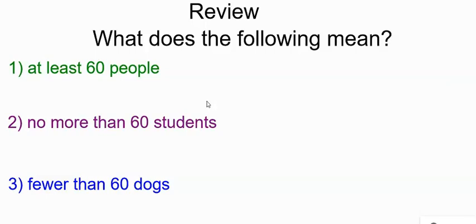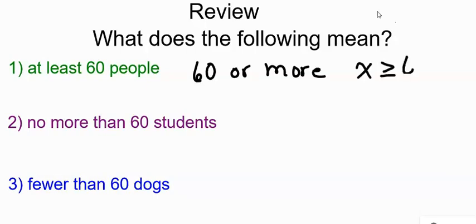Hopefully you said in your mind, that means 60 or more. There's at least 60 people in here, but there could be more. We're also going to put it in inequality form. There could be 60 or more, so we have to have the equal to sign there, including 60.